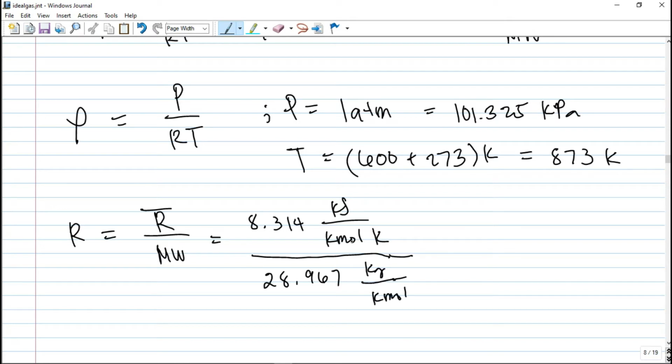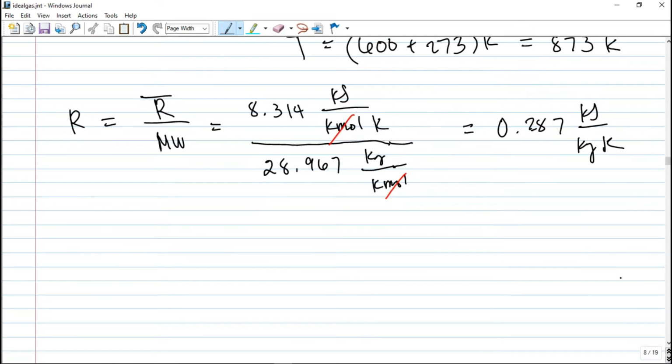So kilomole will cancel out. Unit natin here is kilojoule per kilogram Kelvin. So R here is 0.287 kilojoules per kilogram Kelvin, so we can assume that this is air.